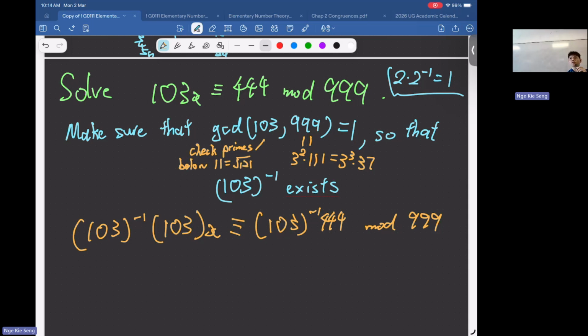So you can check whether 11 divides 103 or not. And then what else? 7, 5, 3, 2. You check whether they divide 103 or not. If they don't divide, then this is a new prime. Okay, I think it's a prime. So you can see that they don't share any common divisor.